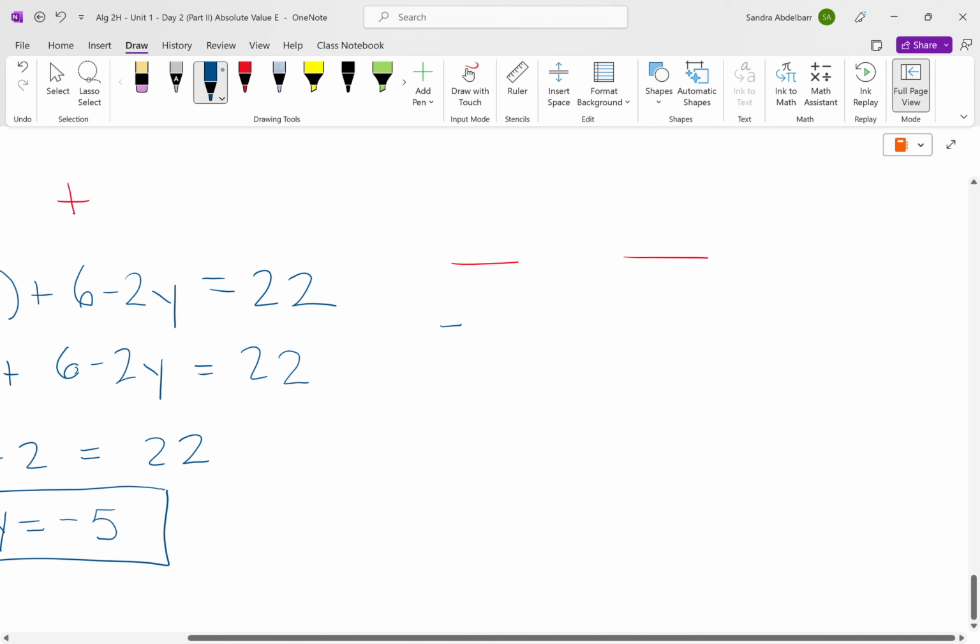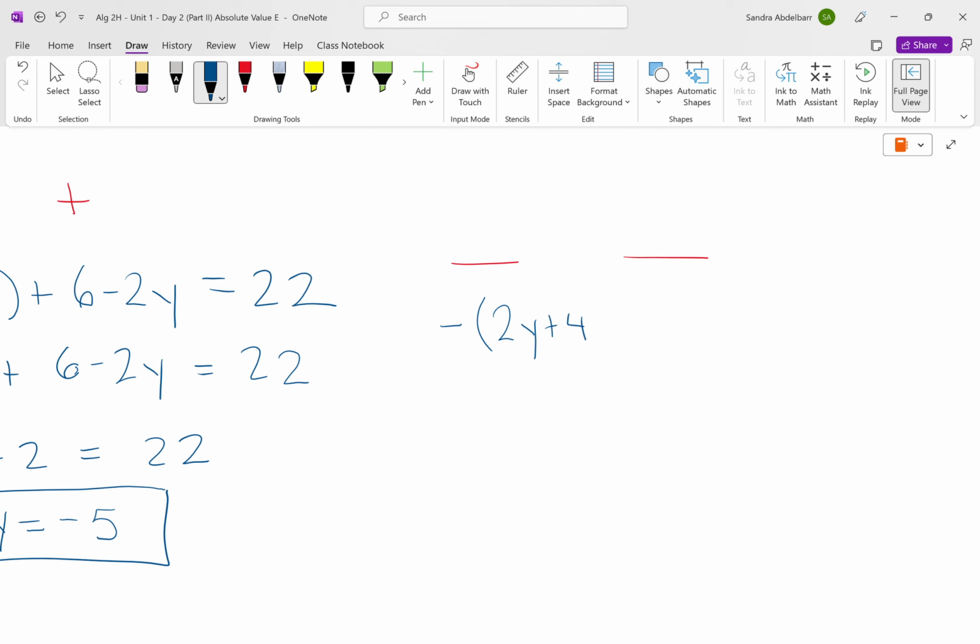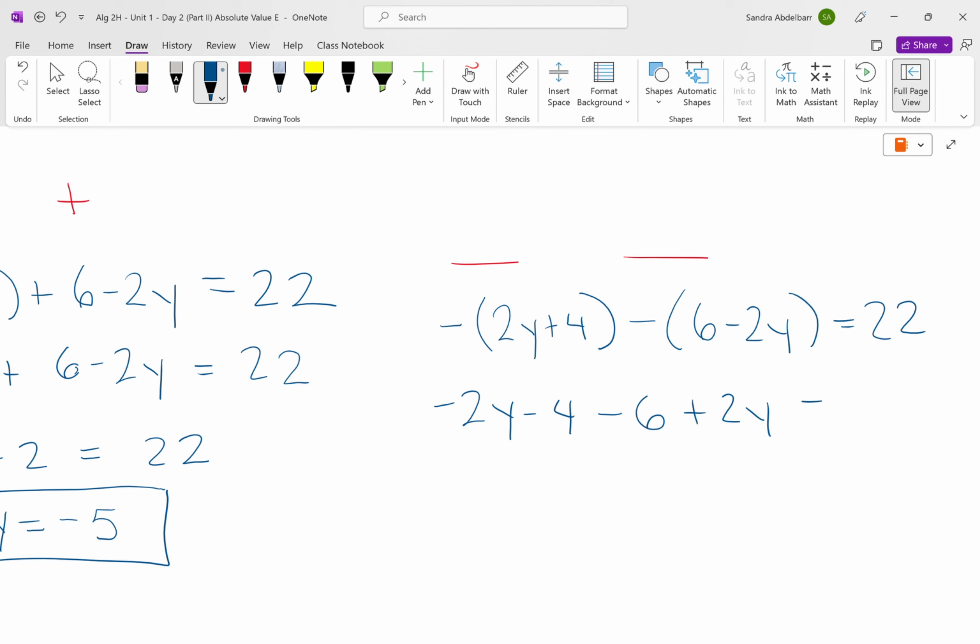All right, and the last one, what are we doing? Negative, negative. So we have the negation of the quantity of 2y plus 4 minus the quantity of 6 minus 2y equals 22. Distribute in, negative 2y minus 4, negative 6 plus 2y.